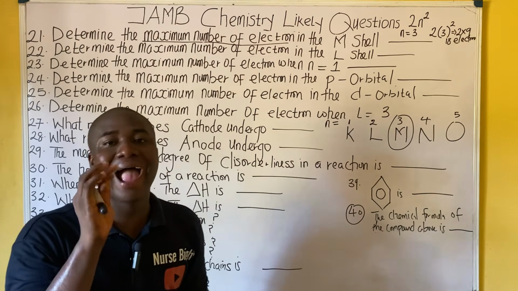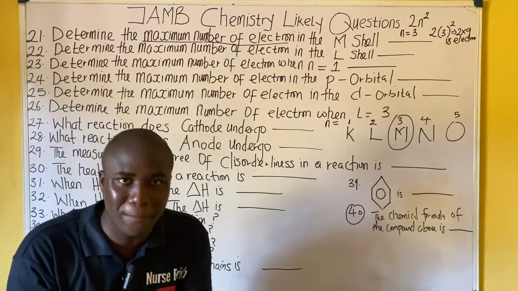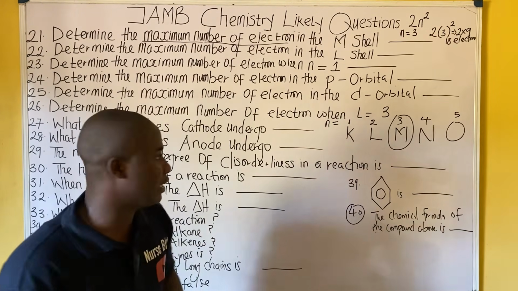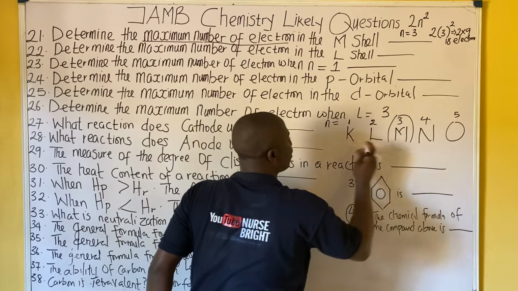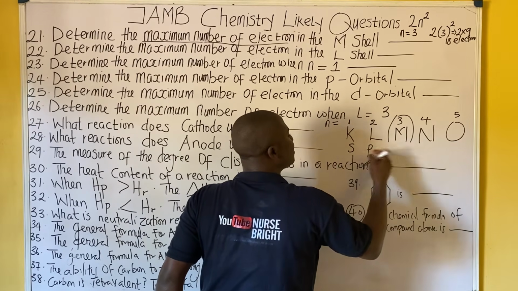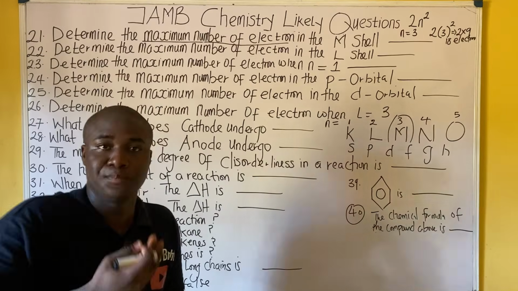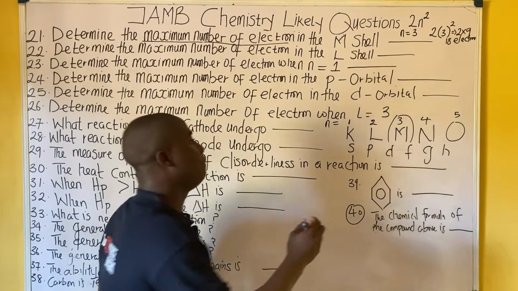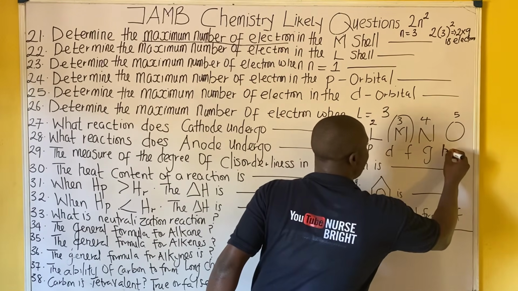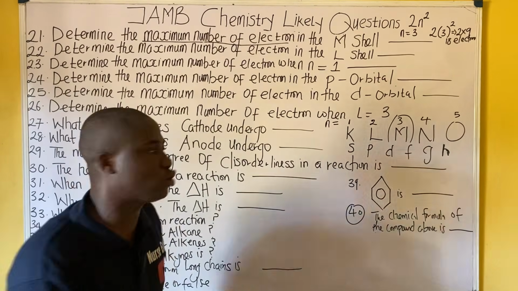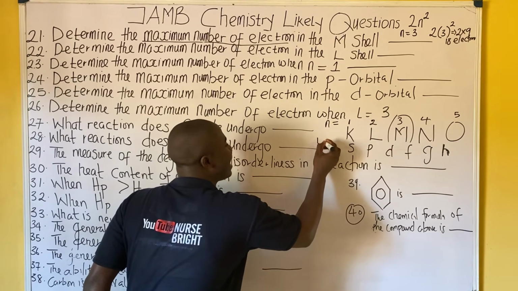Okay, guys, before I give you the formula, I should tell you the orbitals we have, not just the p orbital. We have other orbitals in chemistry. These orbitals include the s orbital, the p, the d, f, g, h orbitals. All of these orbitals have shapes and names. But we should understand what is happening here, because what gives rise to orbitals is the azimuthal quantum number, and it is denoted as l.